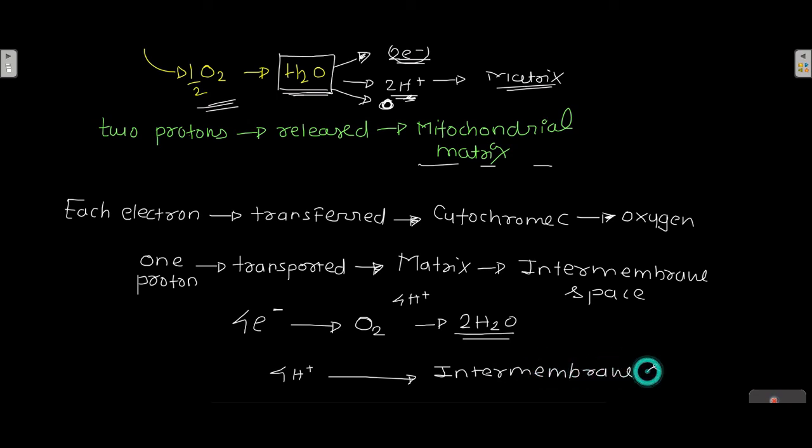It is very simple, no need to get confused, I am talking to myself. 4 electrons, when they reduce 1 molecular oxygen, that is O2, there is formation of 2 water molecules, and due to this reaction, 4 protons go from the matrix to the intermembrane space. That is how it is taking place.